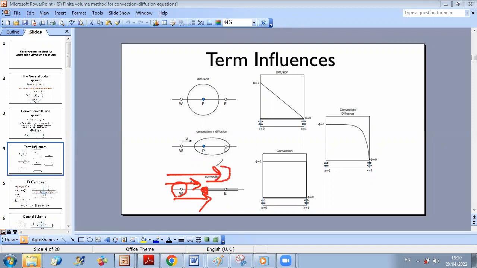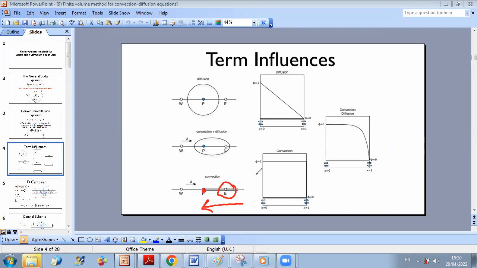So the convection is very dependent on the direction of flow. If you take a flow in the other direction, then the value at P will be affected by the value at east. This is why we say that for convection in general, we use an upwind scheme.